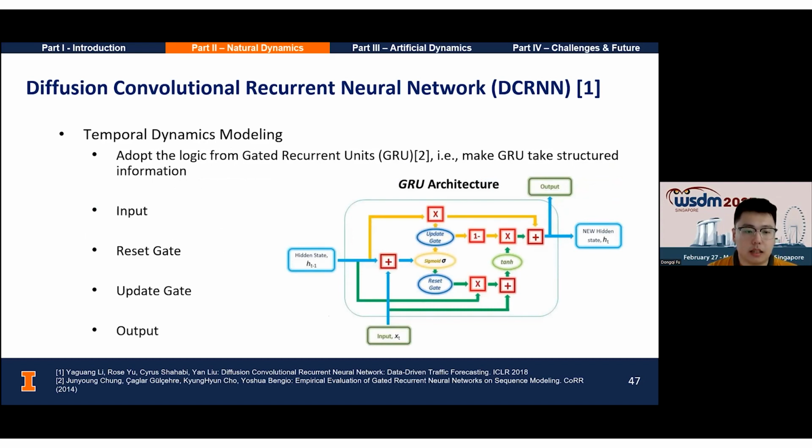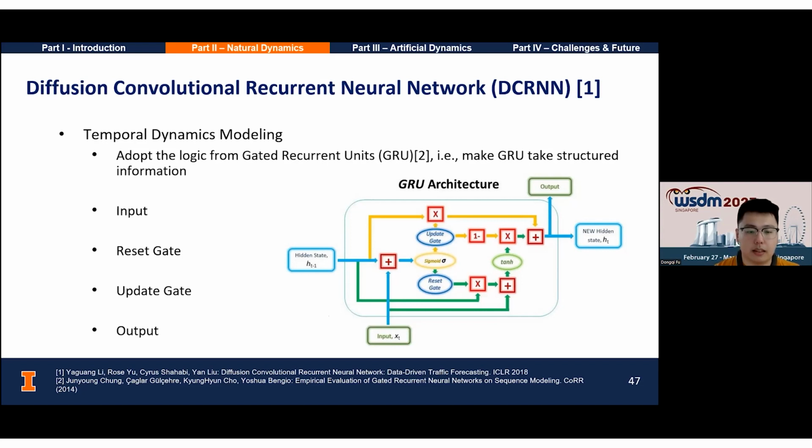The basic GRU architecture has the input, the reset gate, the update gate, and the output. As shown in the following figure, we have the input x_t and the hidden state h_{t-1}. Going into the GRU architecture, we have an update gate outputting a certain hidden representation, and the reset gate outputting a hidden representation.